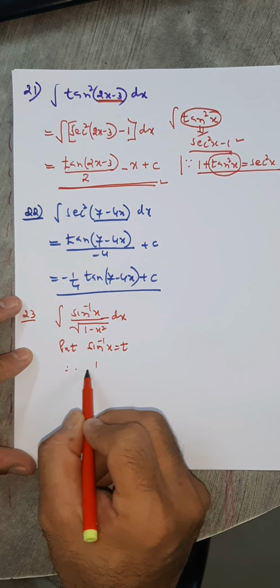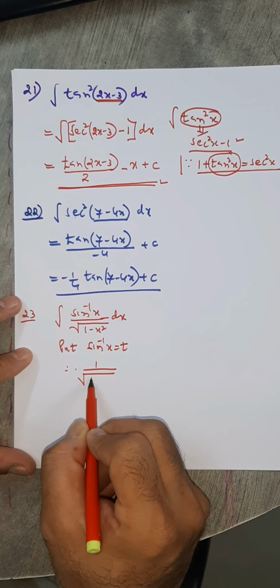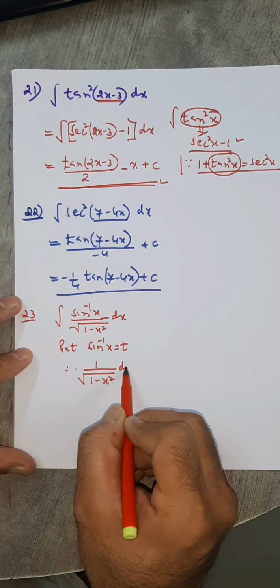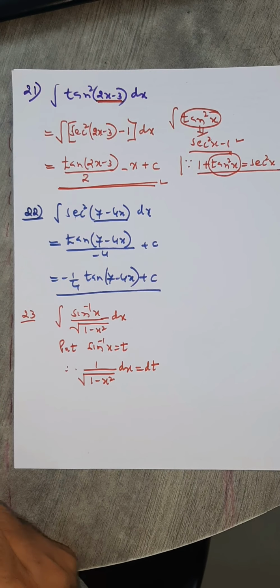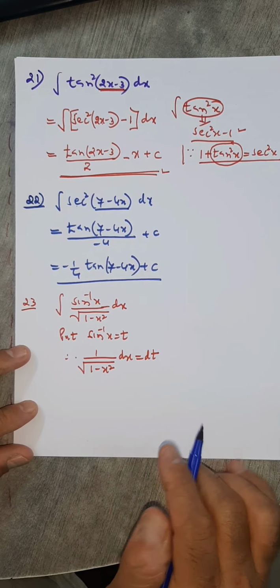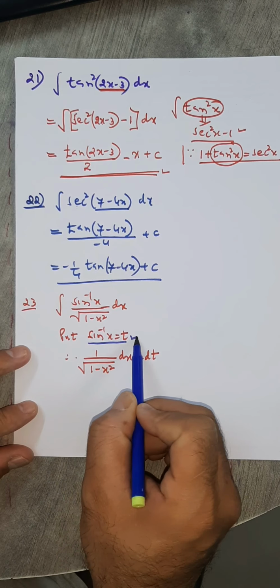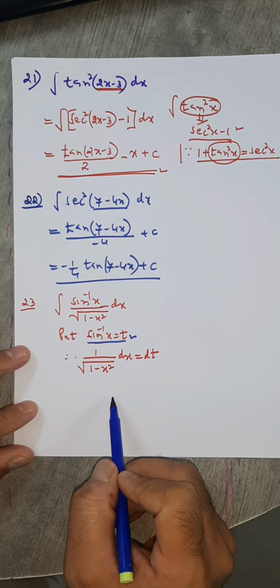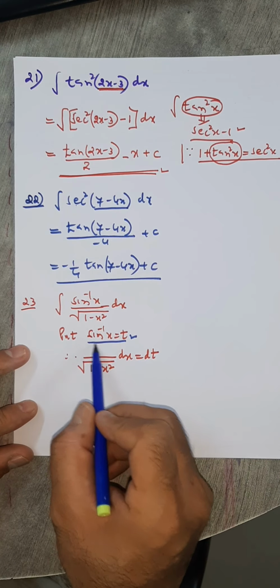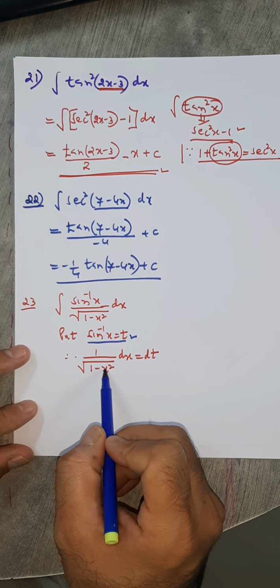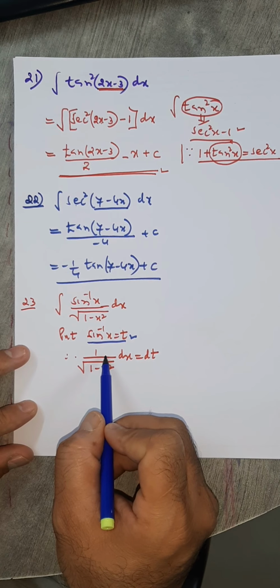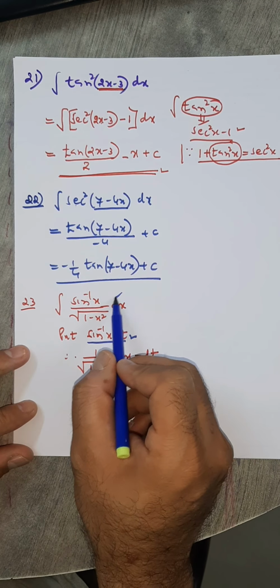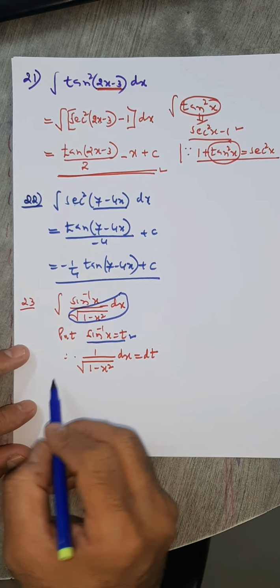What's the derivative of sine inverse x? 1 upon root of 1 minus x squared, the whole dx equals dt. Just placing sine inverse x equals t, substitution method if you remember. That is 1 upon root of 1 minus x squared equals dt by dx, and dx I wrote directly on the left hand side. So this much becomes dt.